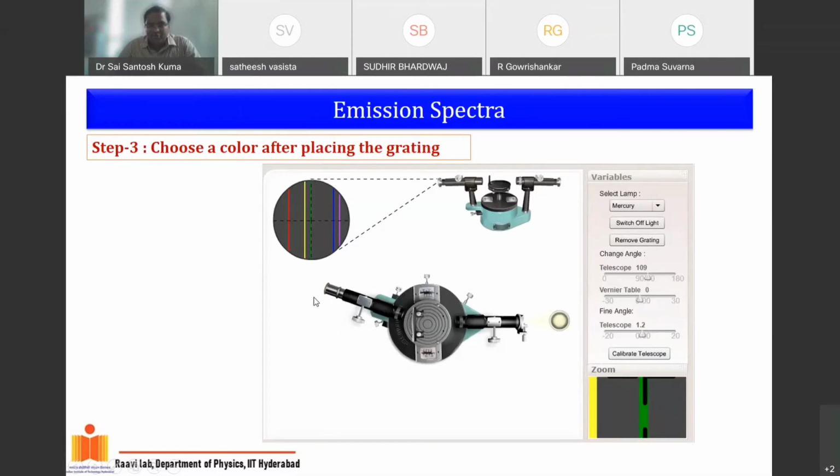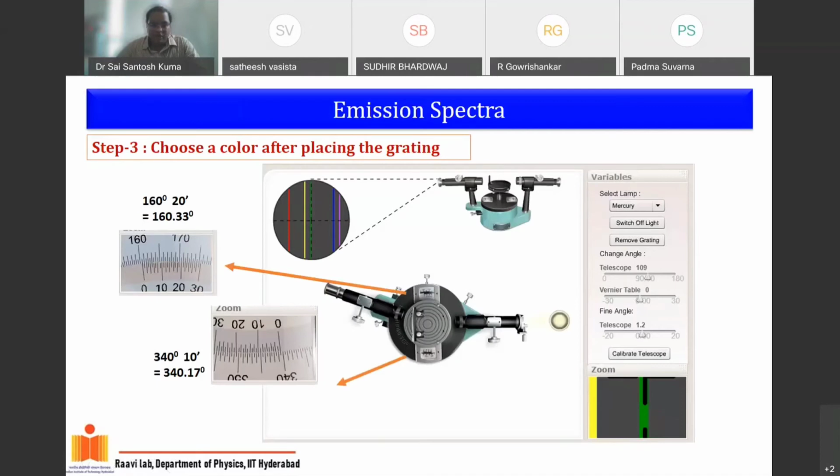So for this position of the viewing angle, you can take the vernier reading here and here. If you look at it, there are about 30 vernier scale divisions, and each of the smallest divisions is 0.5 degrees.